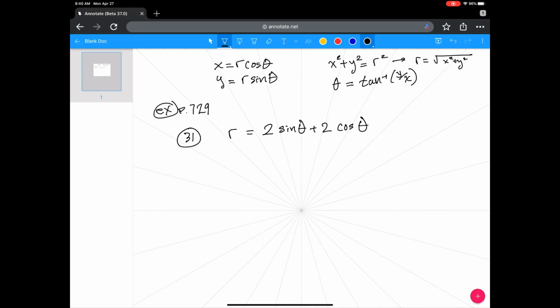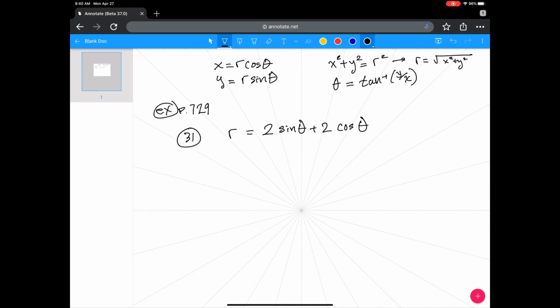Again, the instructions are to convert this into an equation in Cartesian coordinates and identify the graph involved. In this case, we don't have just an r to convert. We have a 2 sine theta and 2 cosine theta.